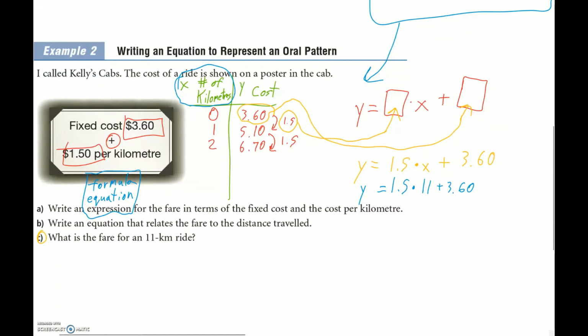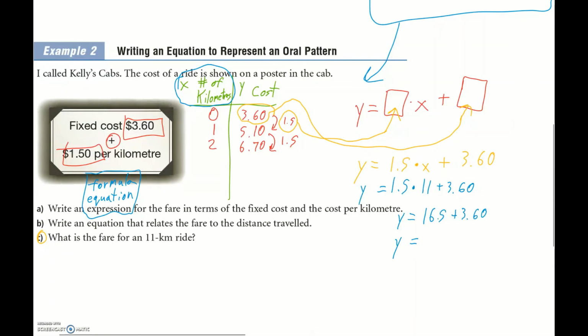Okay, so 11 times 1.5 is 11 plus 5.5, so 16.5, y equals 16.5 plus 3.6.